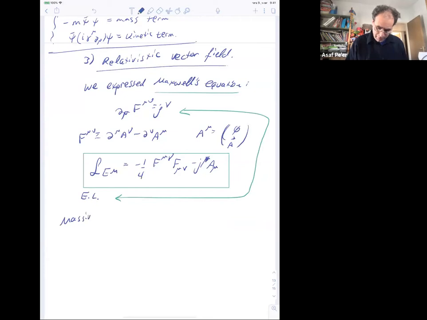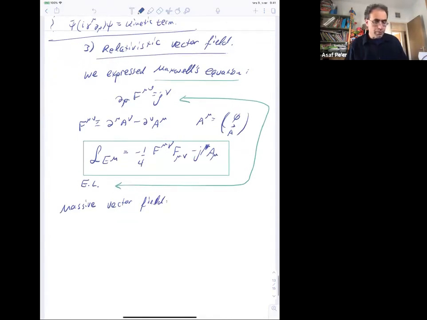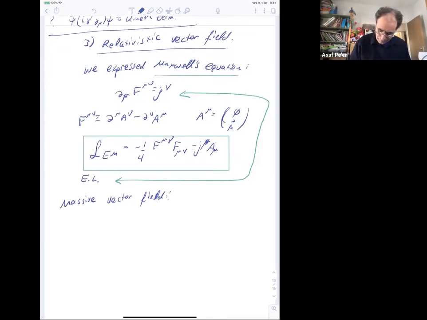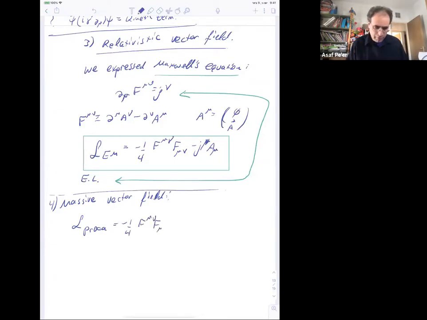The Euler Lagrange equation we derive from the Proca Lagrangian, L Proca, is minus 1/4 F mu nu F mu nu, and here we have a plus 1/2 m squared A mu A mu. That's the Proca Lagrangian.